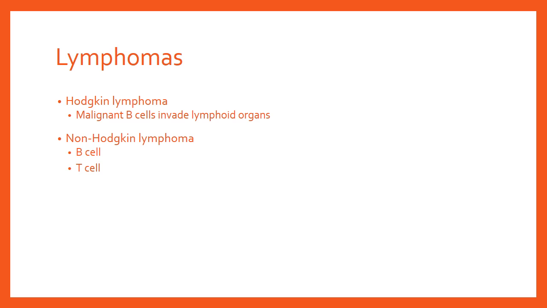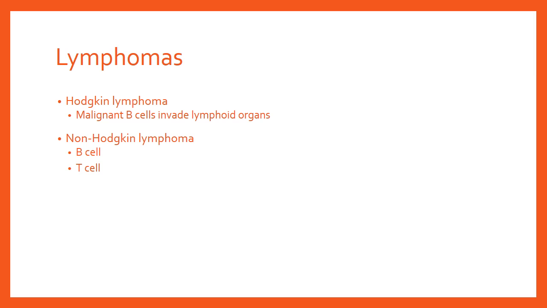The initial presentation of Hodgkin's lymphoma may be lymph node enlargement, a lump, involving a single lymph node or maybe a group of lymph nodes. Most commonly the cervical lymph nodes or mediastinal lymph nodes may be involved, and sometimes axillary and inguinal nodes also, but cervical lymph node involvement is very common.